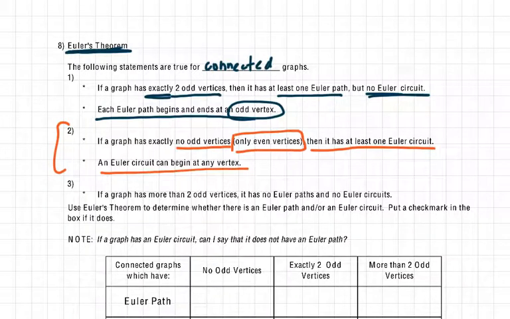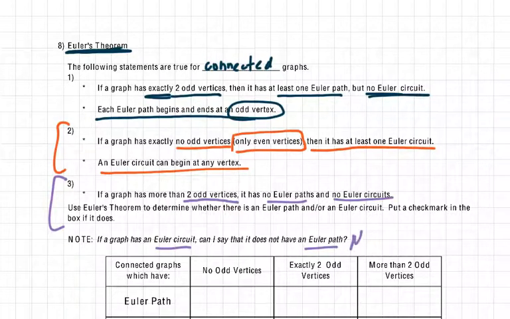Okay, and then third, if a graph has more than 2 odd vertices, it has no Euler paths and no Euler circuits. So we're going to use Euler's theorem to determine whether there's an Euler path and or an Euler circuit. Put a check mark in the box if it satisfies that. So note that if a graph has an Euler circuit, can I say that it does not have an Euler path?